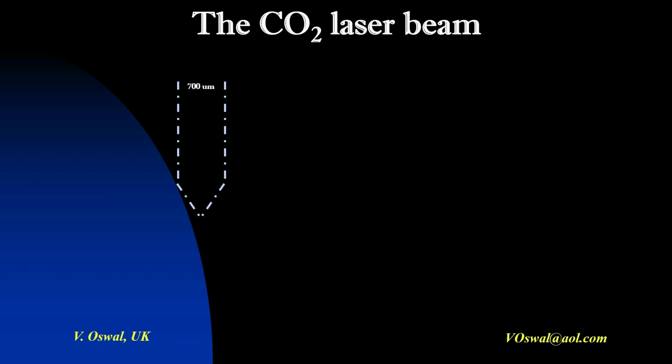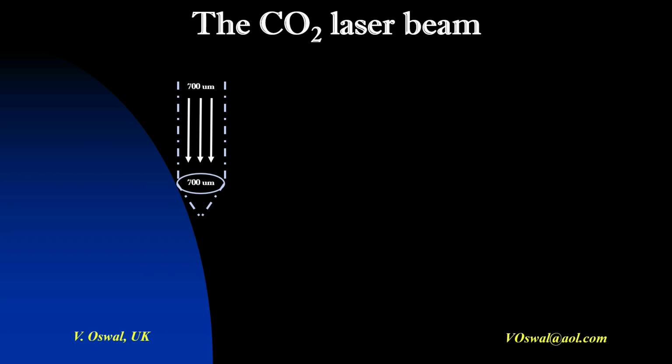Since the collimated beam showed minimal divergence at typical operating distances of 12 to 15 inches, the 700 micron beam diameter resulted in a spot size of 700 microns, much larger than the current spot size of 250 microns in most machines.